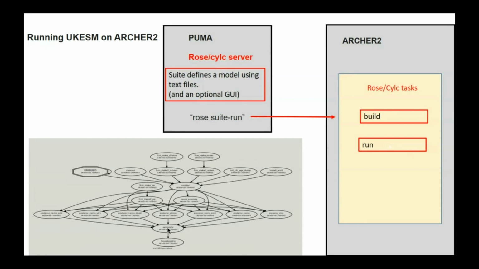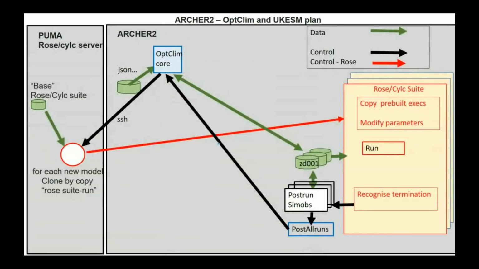So this is what we needed to integrate with our OPTCLIM software. And the ideal way of doing that would have seemed to be to have basically the same OPTCLIM framework as before, but to move the clone and run commands so they execute on Puma, and that execution being triggered from the serial job which is running OPTCLIM by an SSH command.